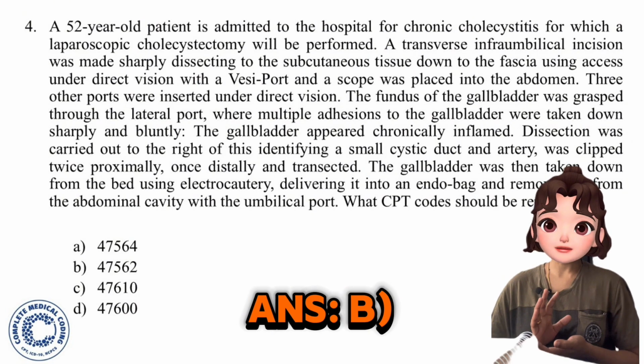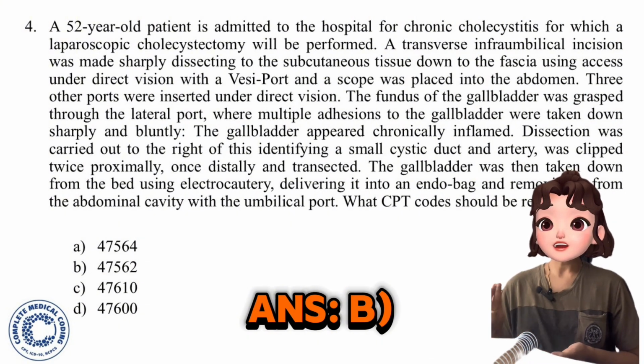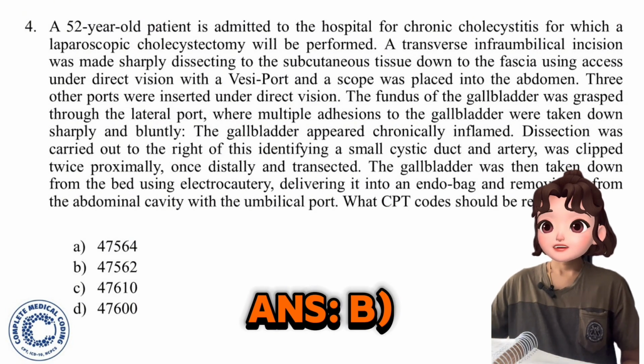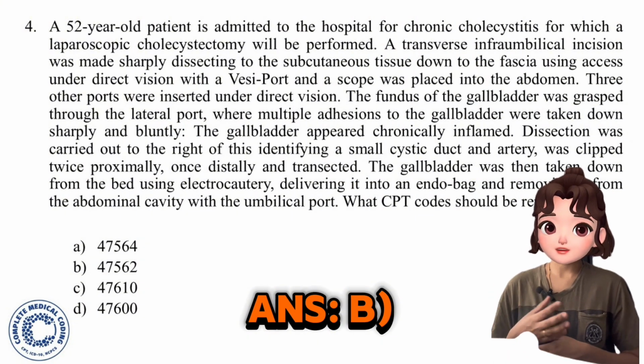What is the diagnosis here? Chronic cholecystitis. If a diagnosis is mentioned, then you have to mark that also, to find out the answer. Like that you will easily get the answer and easily score points for this question.